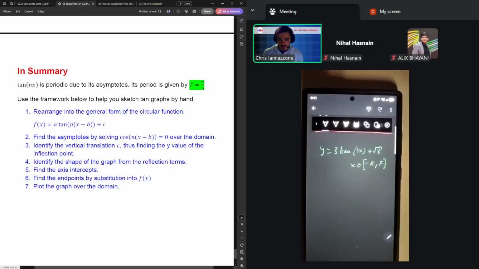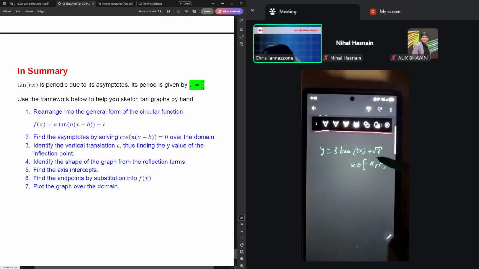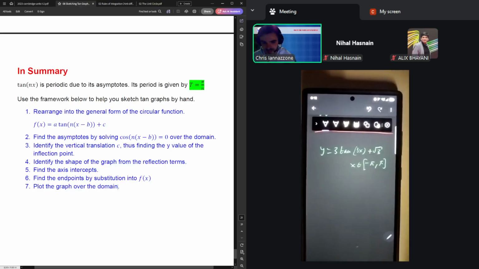Is there anything that has to be done here? General form just means making sure we can clearly see all of the transformation factors that are involved. As long as we can see all the transformation factors, we don't really need to do anything here. We can see there's a couple of dilation factors, and we've got our vertical translation. So we're going to skip that step 1.